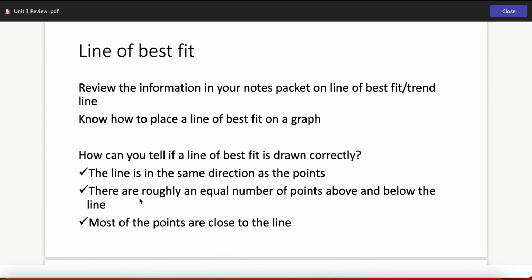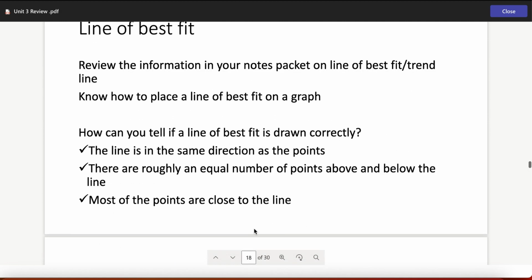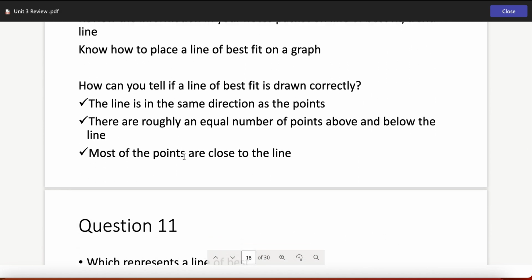They should be close together. That would be a strong association. If it's far, it would be weak. Most of the points are close to the line. That's how it would represent the line of best fit. So to draw a line of best fit, you just gotta find a way for it to fit through the scatter plot, and make sure these things are included.